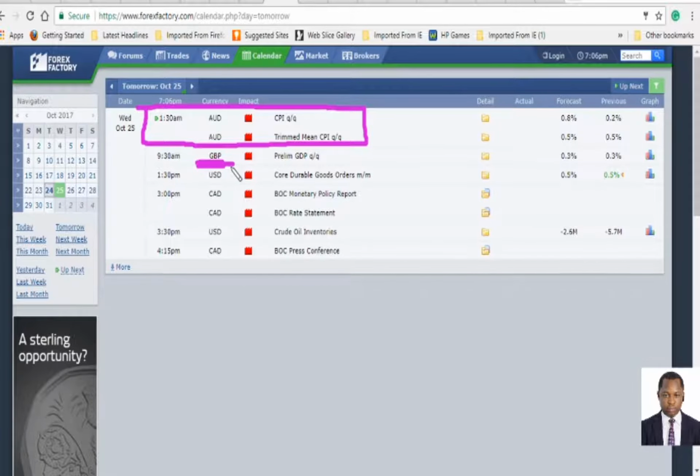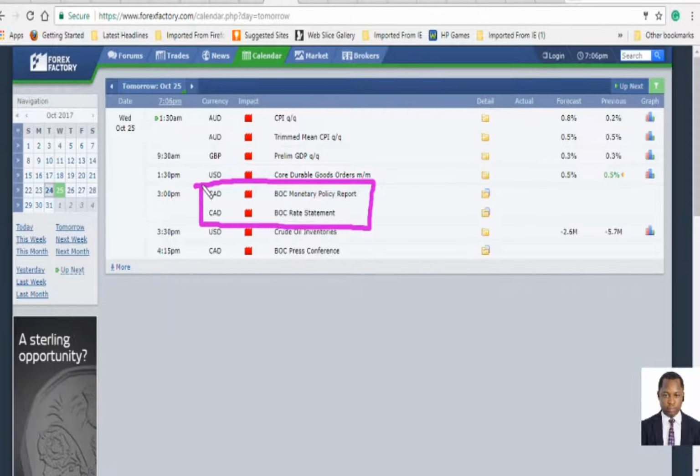But the main news announcements for tomorrow are those coming from Canada, the interest rate announcements for the Canadian dollar. So tomorrow we are going to be looking into this. We expect to see plenty of volatility for all Canadian dollar crosses, so you want to be careful trading Canadian dollar crosses from now on.